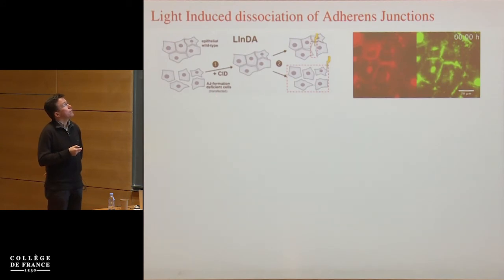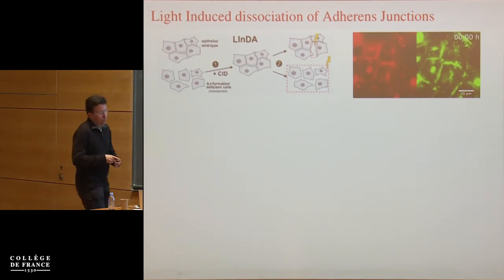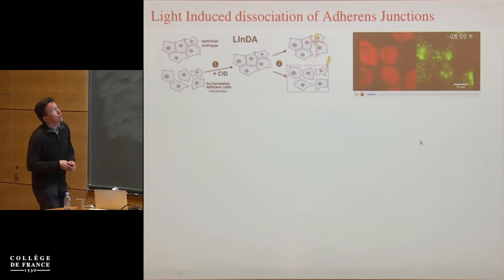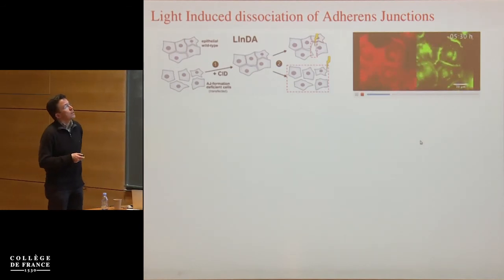Then a compound is added to the cells that will bind both to alpha-catenin and to E-cadherin. This compound is a dimer, which is photocleavable, which means that shining UV light on the system is going to cut the junctions again.